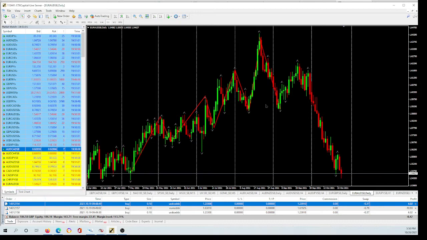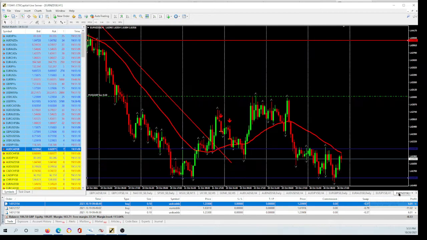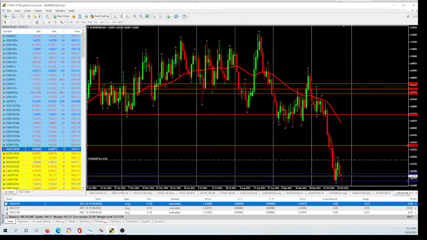And what is a downtrend? A downtrend will be the opposite of this uptrend. So a downtrend will be when the market is forming, oh sorry, lower highs.